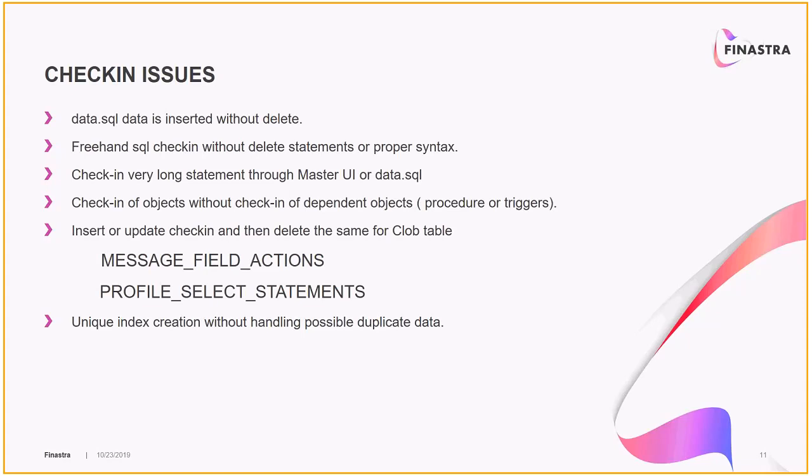Certain times they do not include the delete, and as I mentioned, our scripts are rerunnable scripts, and basically the build runs all the picked changes from the master or data.sql or from pre and SQL. All the changes are run 2 times on the integration schema. So as changes are run 2 times, first the insert runs successfully, next time it generates a unique constraint error. So delete insert is a must, and most times they make syntax errors also.